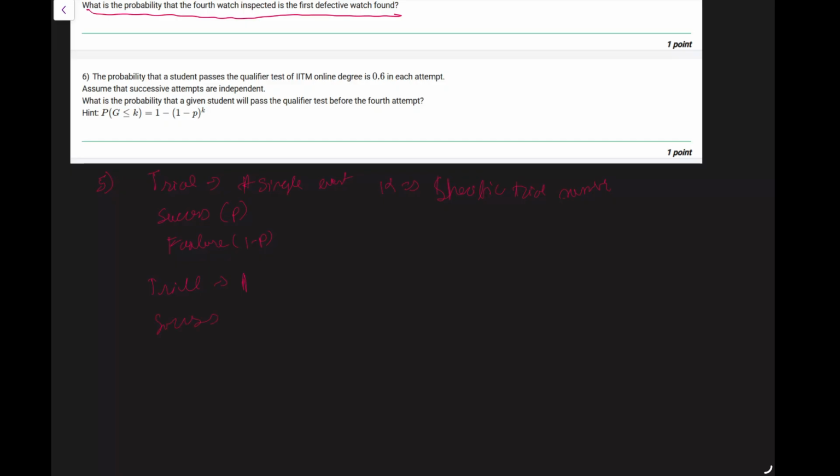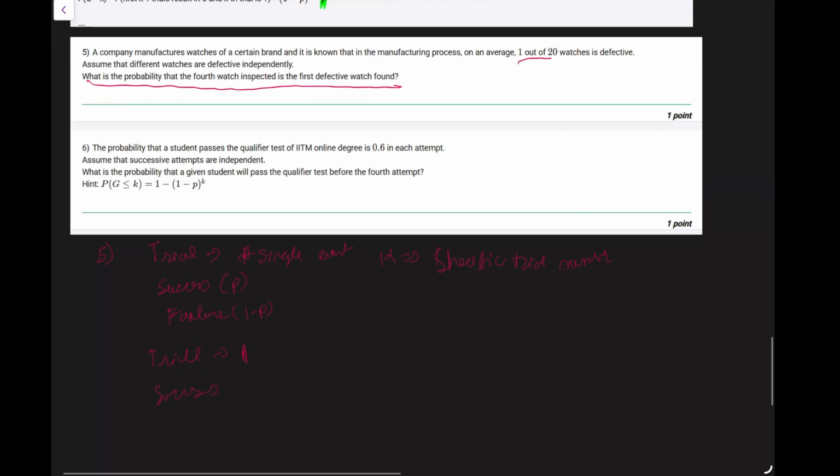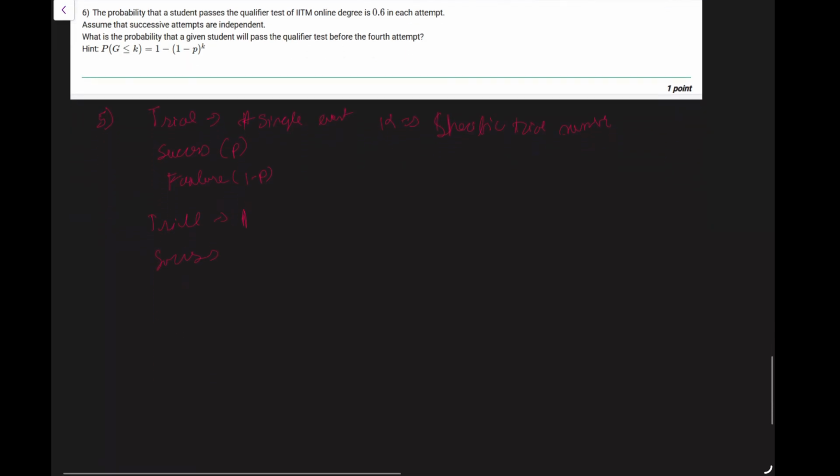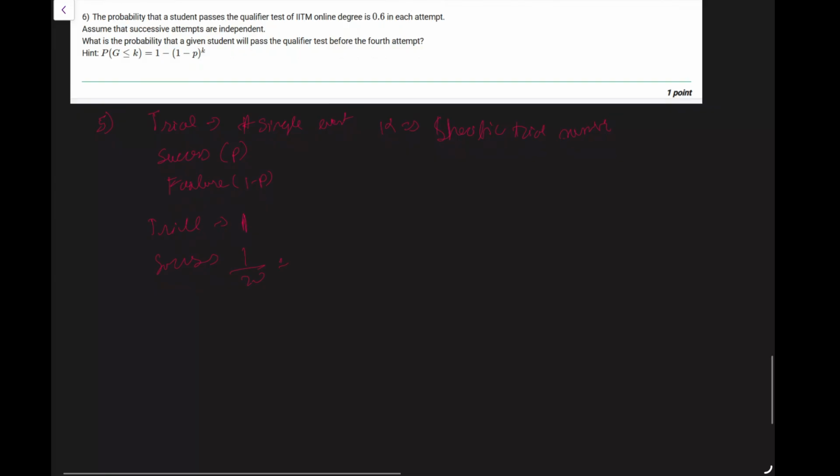Success is finding a defective watch. It says 1 out of 20 watches is defective, which means the probability of getting a defective watch is 0.05. Failure will be not getting a defective watch, which is 19 over 20 or 0.95. K is, we want the first success to be on the fourth watch. K is 4.